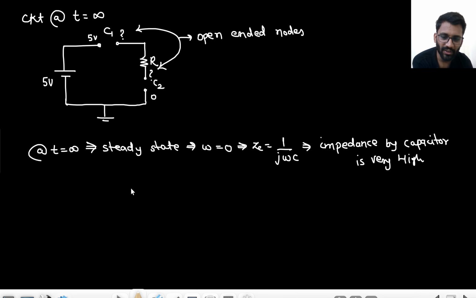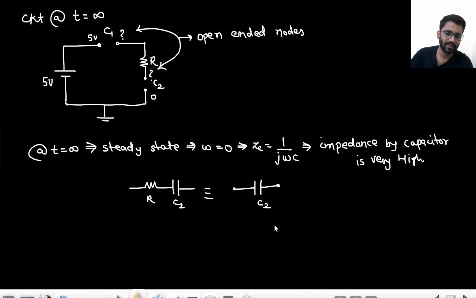So the series combination of R and C2 can be replaced with a single capacitor. Why so? Because this is a finite value and this is very high. So very high plus finite will be equal to very high only. So this will be replaced with a single capacitor, that is C2.